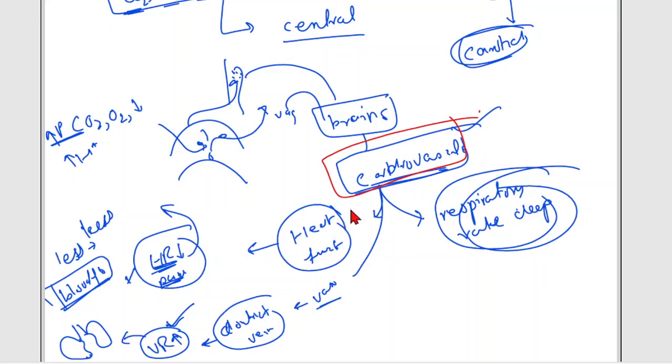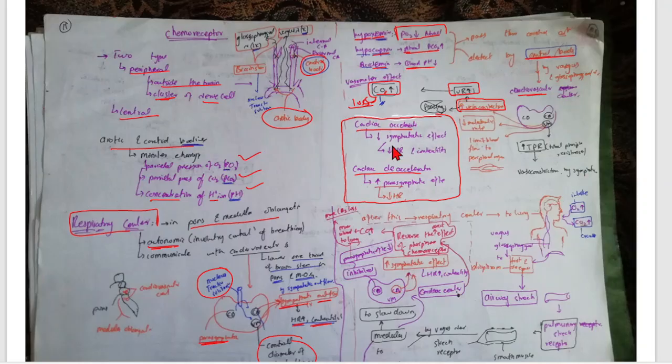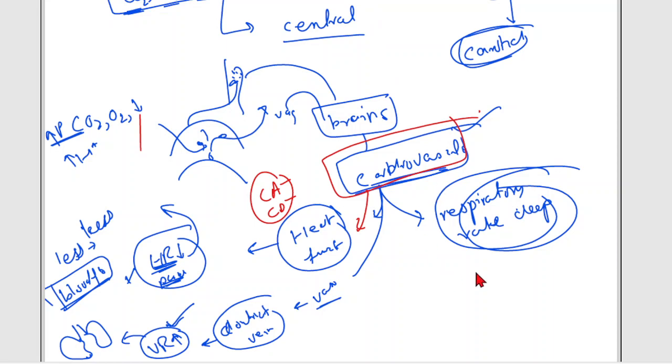The cardiovascular center has an effect on the heart, through the cardiac accelerator and cardiac deaccelerator. Both of them will function. You have to remember, it decreases the heart rate and contractility by decreasing the sympathetic effect, and it increases the parasympathetic effect, so the heart rate decreases.